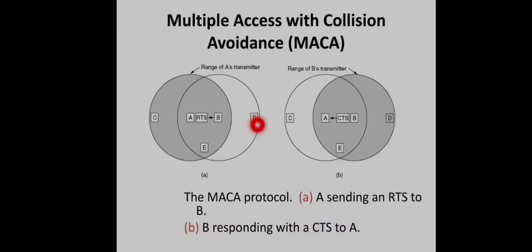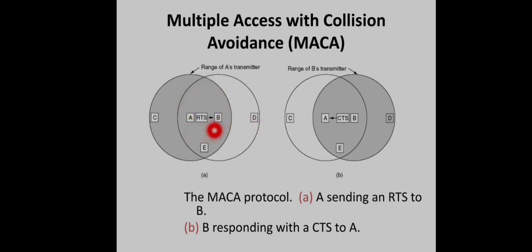Now what about D? D is in range of B, but not in range of A. So it does not hear the RTS from A, but it does hear the CTS from B. So what will D understand? B gave permission to someone else.